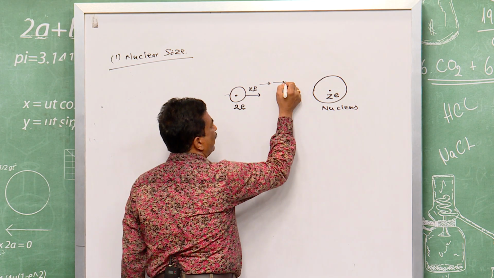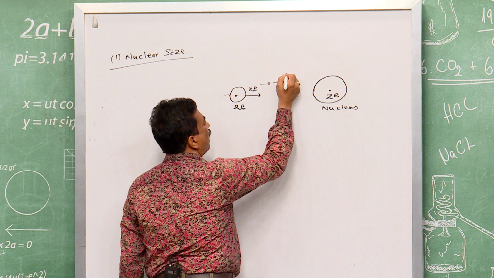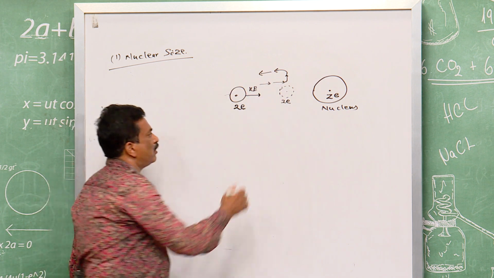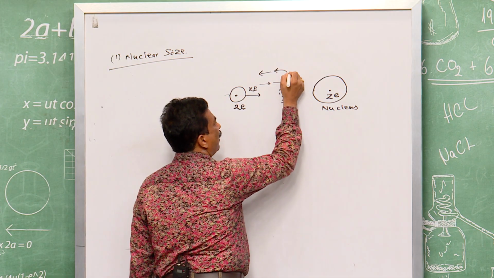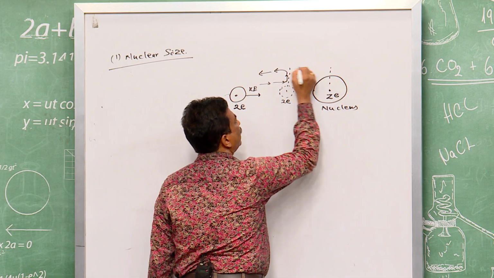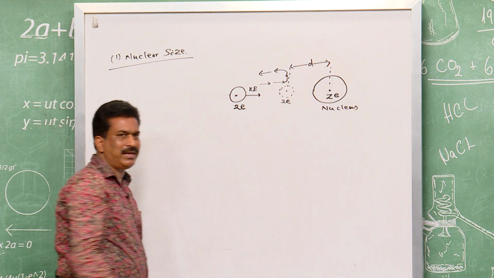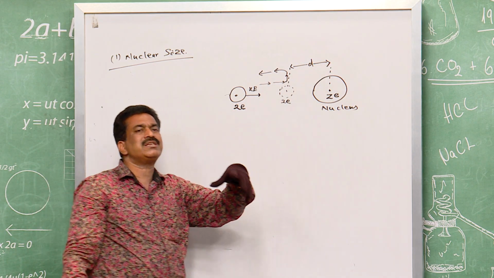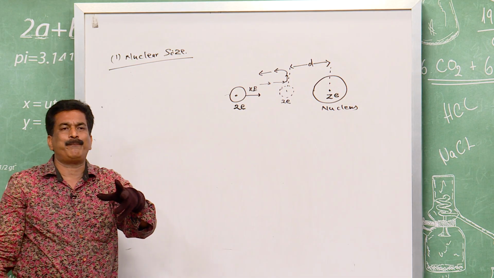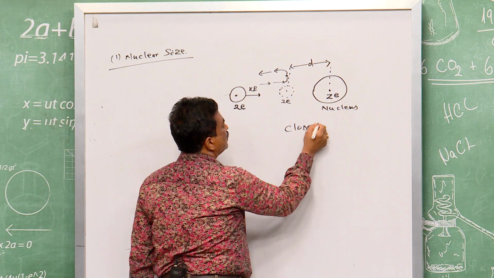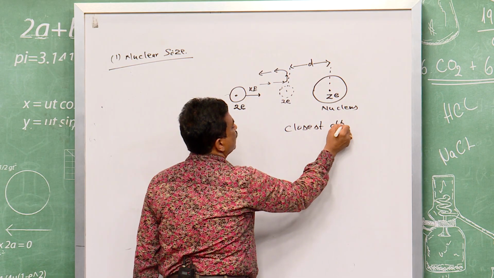So at that case it will reverse. At that position, if the distance between them is taken by some symbol, say d, this d is the closest approach distance.